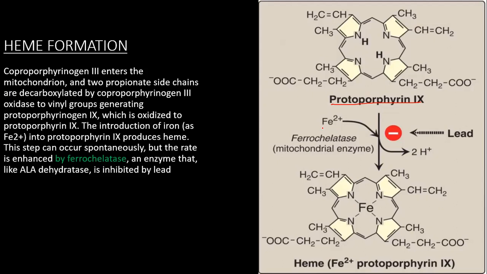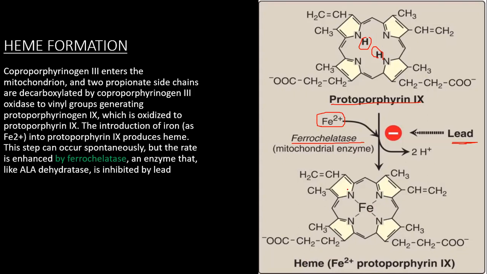Okay, you can see we are adding iron, and as we add iron, we remove these two hydrogens here. They are removed, a reaction catalyzed by ferrochelatase. Okay, now ferrochelatase, just like aminolevulinic acid dehydratase, is also inhibited by lead. Okay, so lead poisoning can inhibit heme synthesis at two points. After that we form ferrous protoporphyrin IX, which is now your heme.